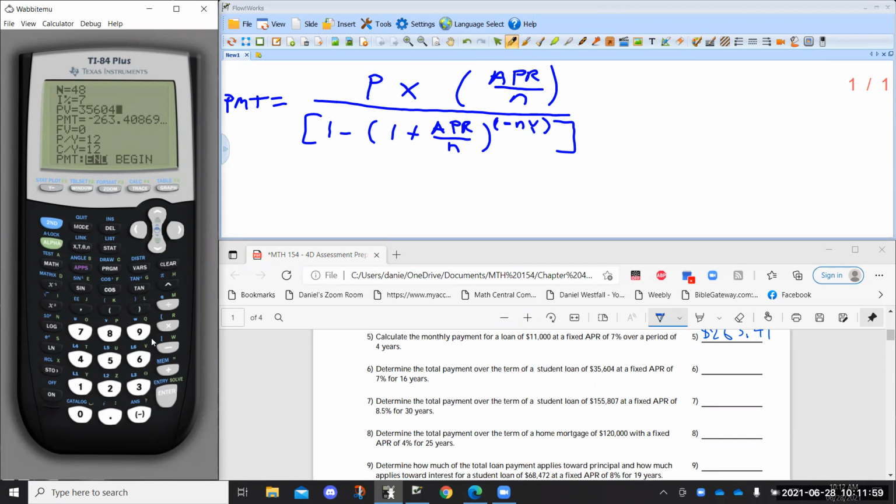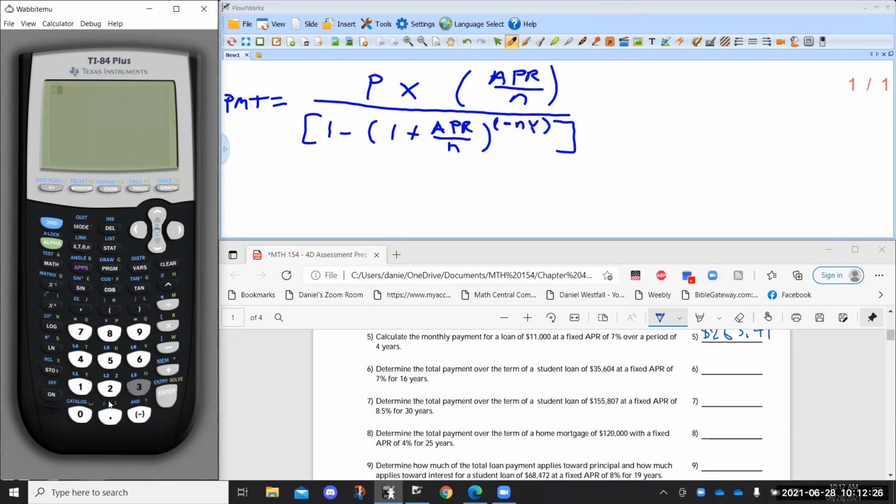APR 7%, 16 years. I'm going to figure out the monthly payment here, which was $308.76, and then I'm going to have to take the $308.76 times the number of payments, 192.